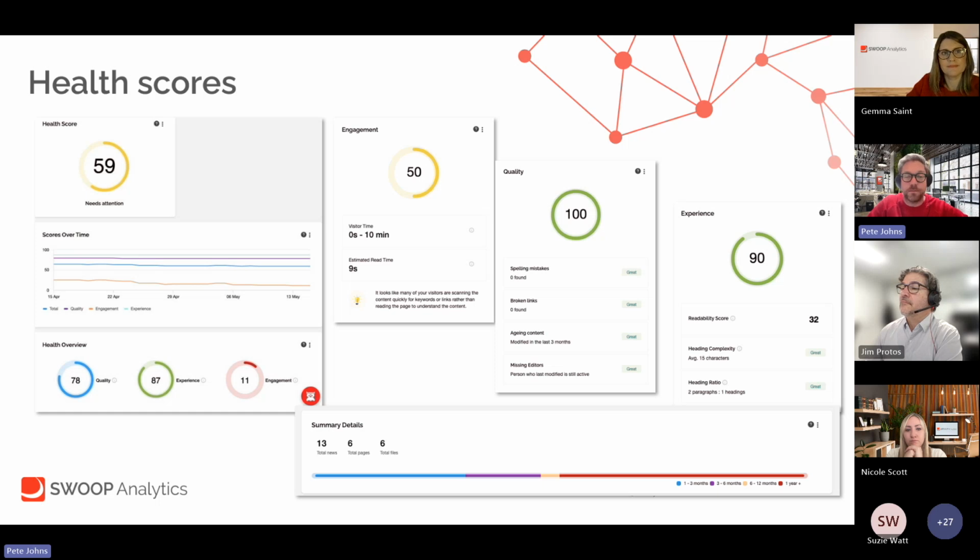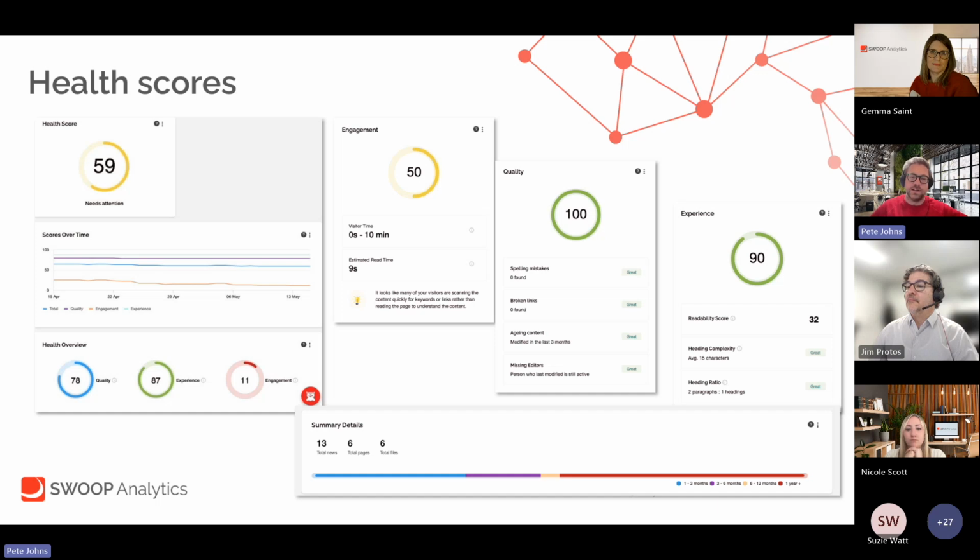But I was managing a SharePoint intranet, and I was always wishing, oh my gosh, I wish I had SWOOP for SharePoint. And so when I joined SWOOP as an employee almost 3 years ago now, one of the first conversations I had once I'd come inside the company was about, oh, we're looking at a SharePoint intranet solution. And it's been a real privilege to be on the inside watching as it's developed and grown. And we've now got a lot of customers around the world that are using this.